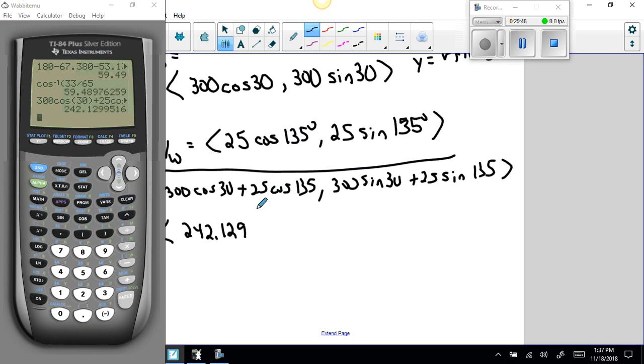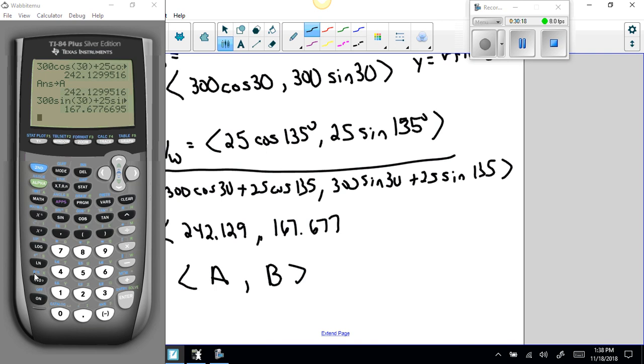Let's store that in A. Store alpha A. Then let's scooch up and switch the cosines to sines. And we get 167.677. Let's store that in B.